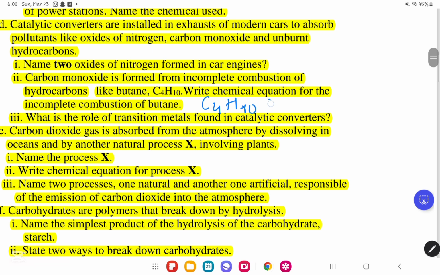It will react with oxygen O2 to form carbon monoxide in addition to water. But as you can see, it is not balanced. So to balance it, I'll let you guys do it for a few seconds, let's say 20 seconds.